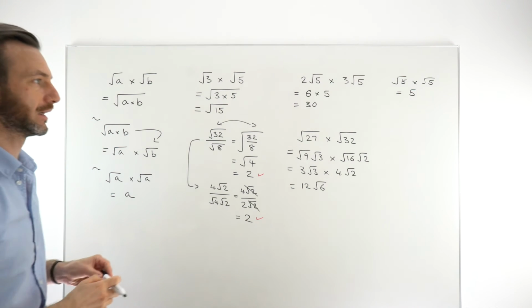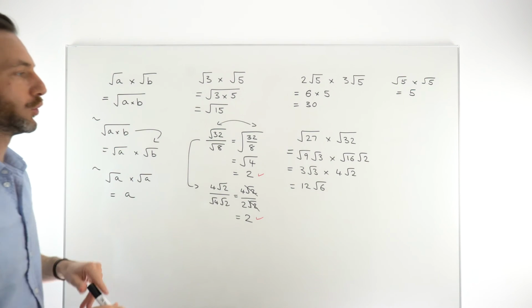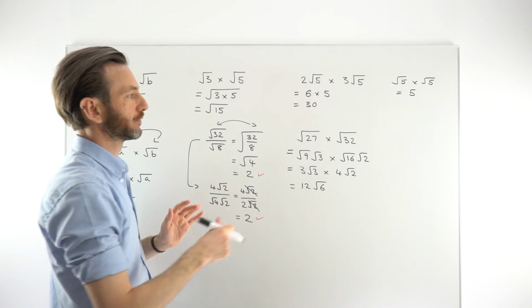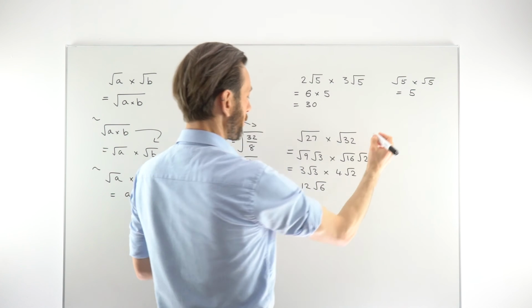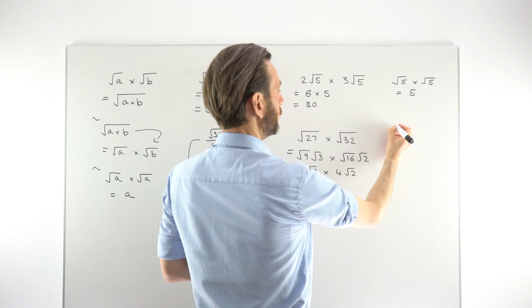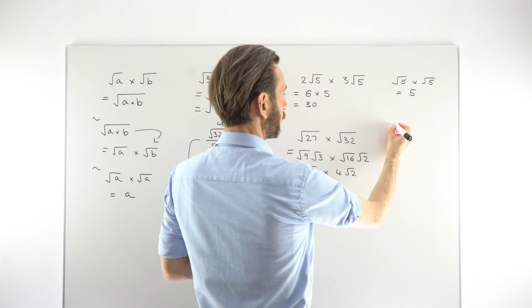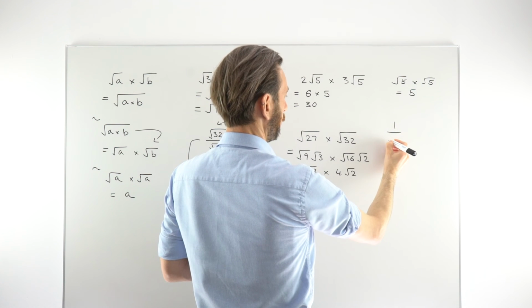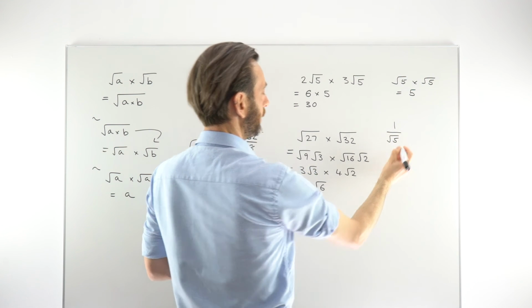So slightly different technique. One of the other techniques you'll need to learn in this topic, but we're not going to cover it in this class, is how to rationalize a fraction. So rationalizing a fraction is when you've got a root on the bottom of a fraction. So 1 over, say, root 5.